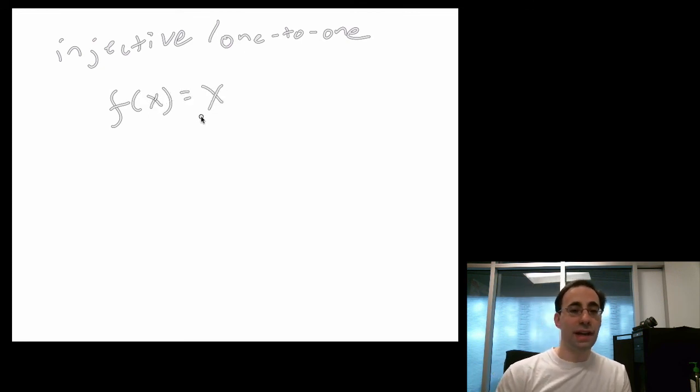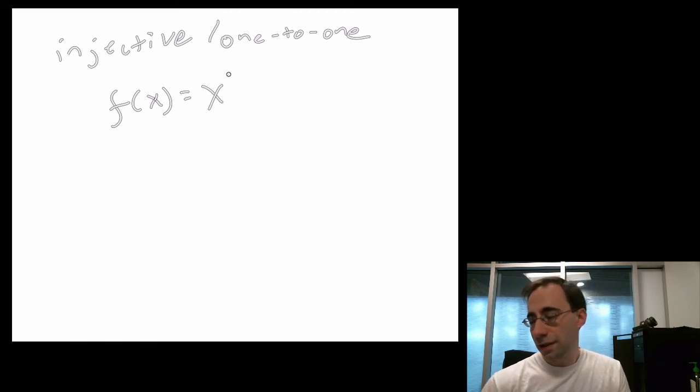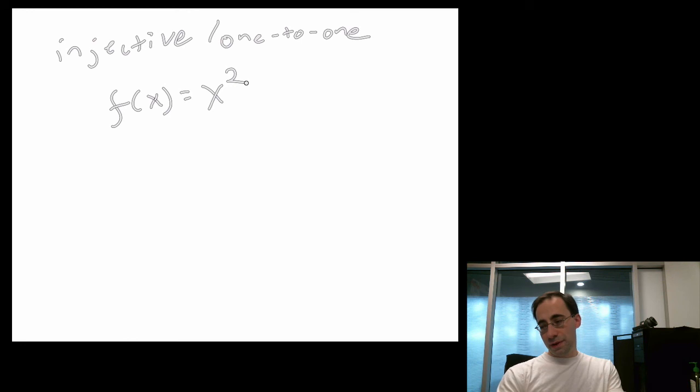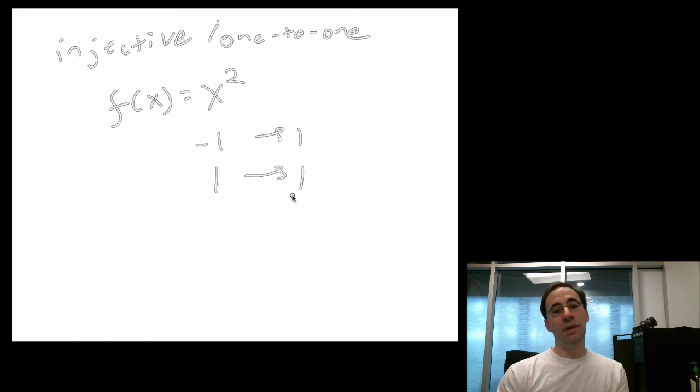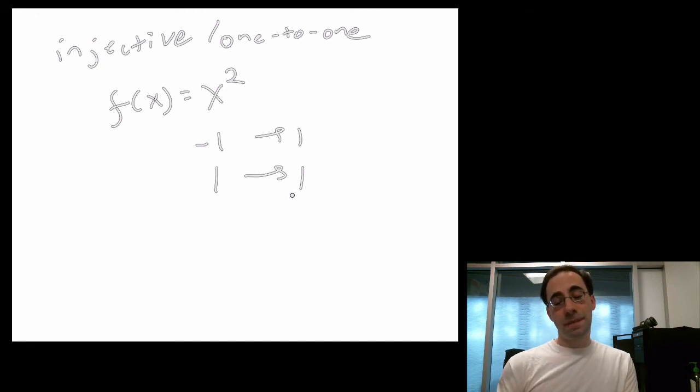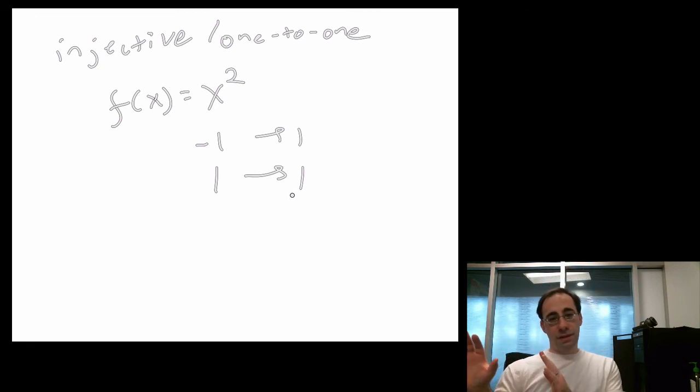For every x, I get a unique value in the range. This function is not one-to-one. -1 goes to 1, and +1 goes to 1. So the same number goes to 1. Two different numbers go to the same number. That's not one-to-one. That's two-to-one in this case. So this thing would not be injective or one-to-one.